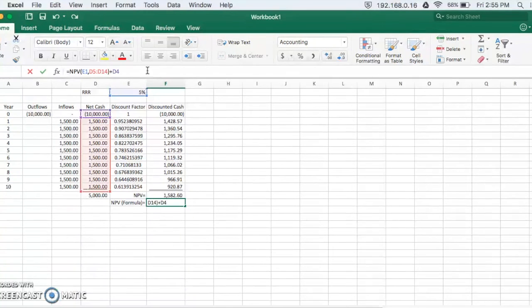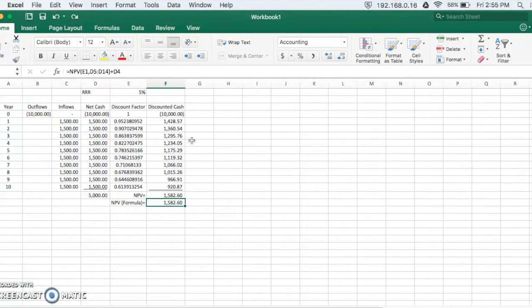And again, if you're using the NPV formula, you start with year 1. The first number in the series is going to be discounted as year 1. And then of course your investment year, just add it in, or really you're subtracting it. I always show an outflow, or a net cash as a negative, as an outflow.